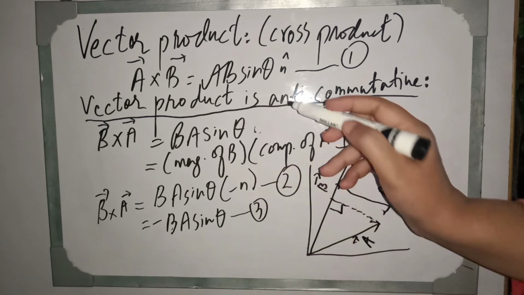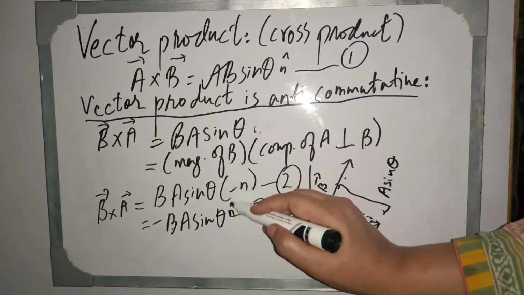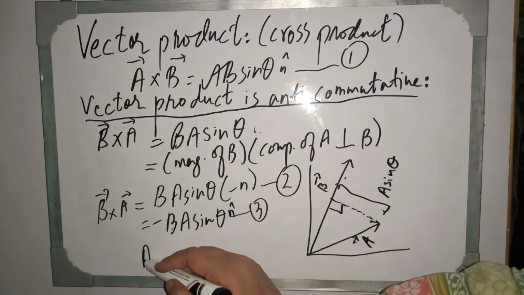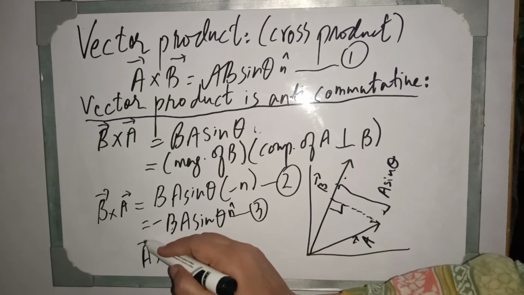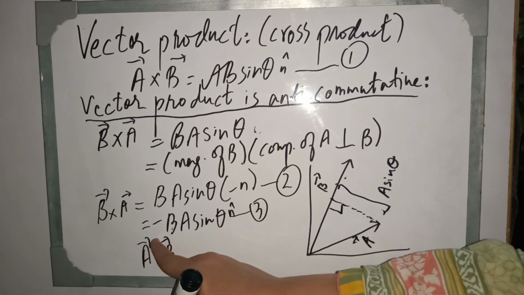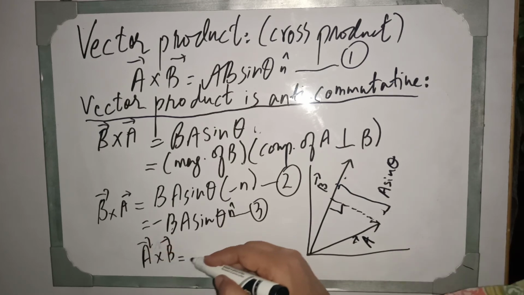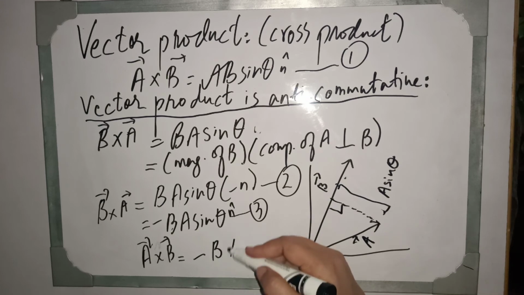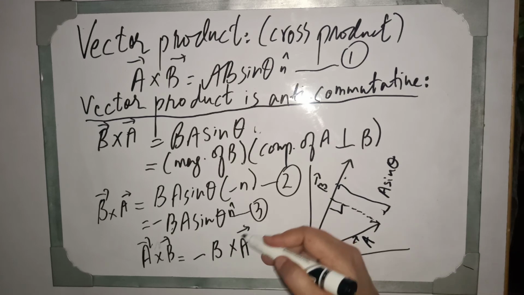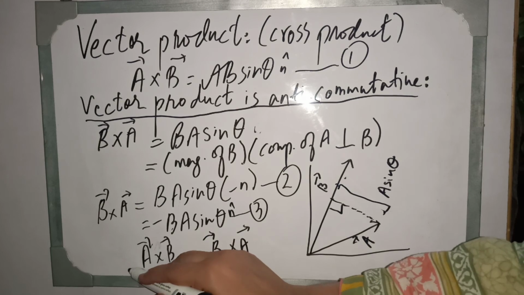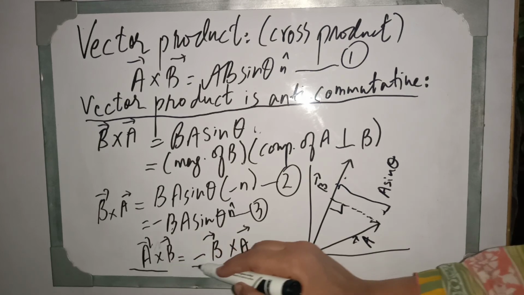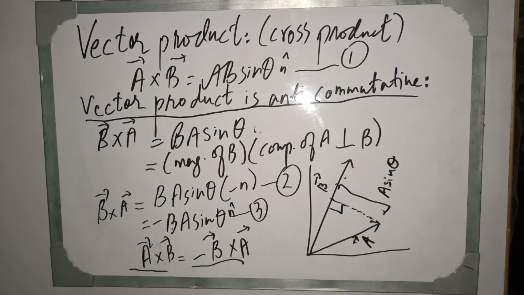By comparing equation number 1 and equation number 2, or equation number 3, because these two are the same, we can write down that A cross B is equal to minus B cross A. It means these two products are not equal. If the first product is not equal to the second product, then this is called anti-commutative.